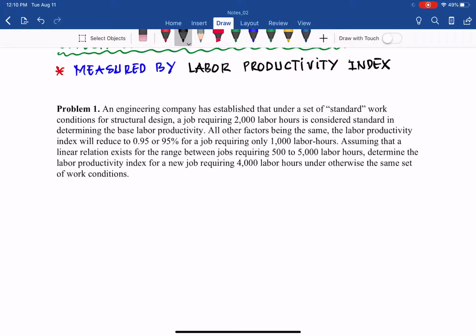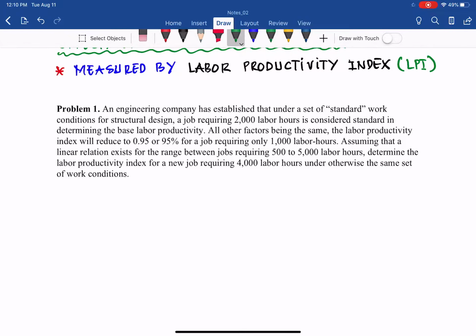The labor productivity index, LPI, will be reduced to 95% for a job requiring only 1,000 labor hours. So as you can see, as the size goes down, the labor productivity index, LPI, goes down.